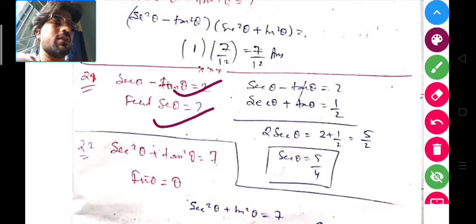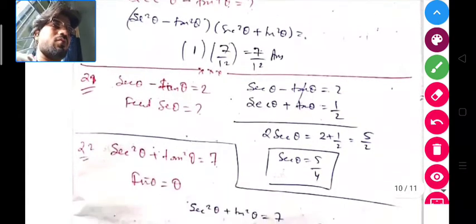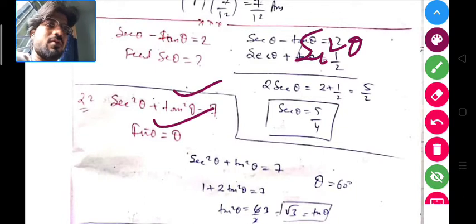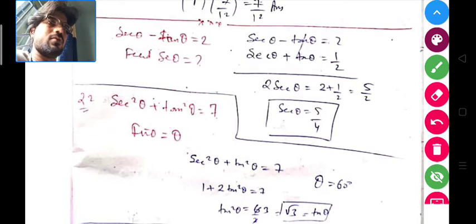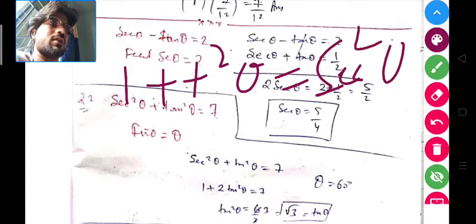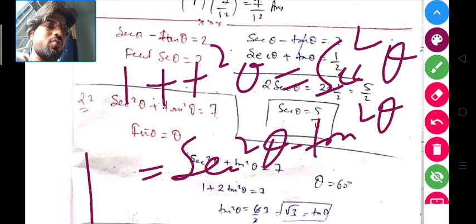So from the identity we have 1 plus tan square theta is equal to sec square theta. So sec square theta minus tan square theta is equal to 1.